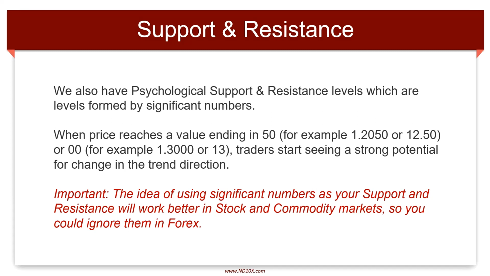Important, the idea of using significant numbers as your support and resistance will work better in stock and commodity markets, so you could ignore them in Forex. Definitely we can see, let's say if we get some round numbers in Forex, some momentum, but it's not going to be the case that often, as you will notice when you trade some stocks or commodities.